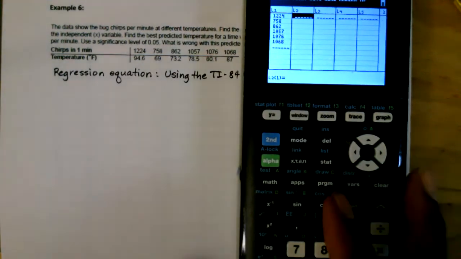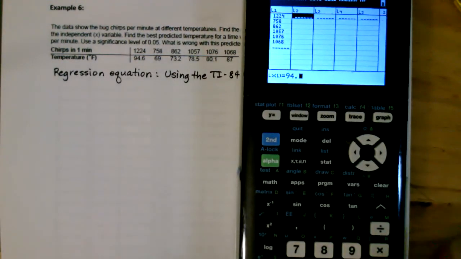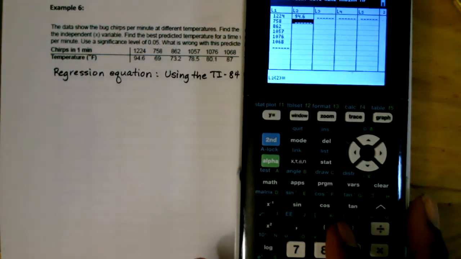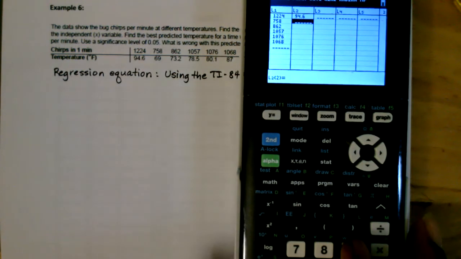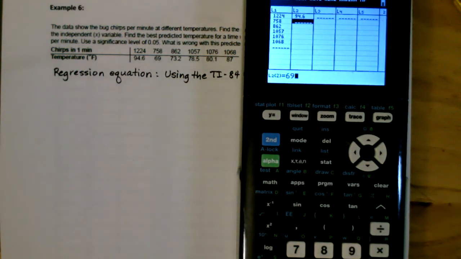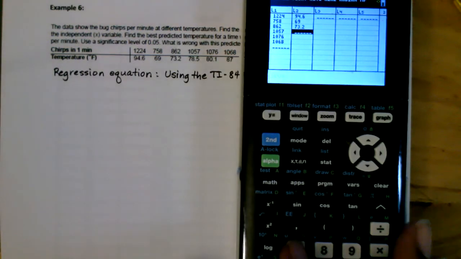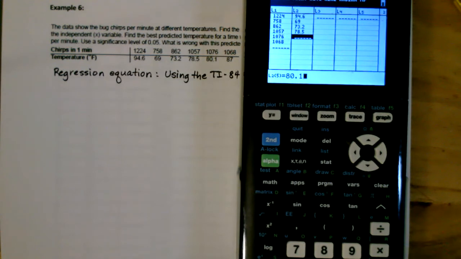Enter the temperatures in L2. So it'll be 94.6, let me see, 69, 73.2, 78.5, 80.1, and finally 87.